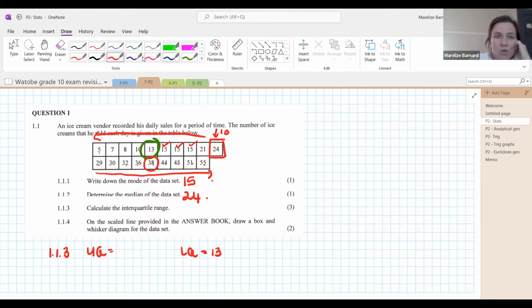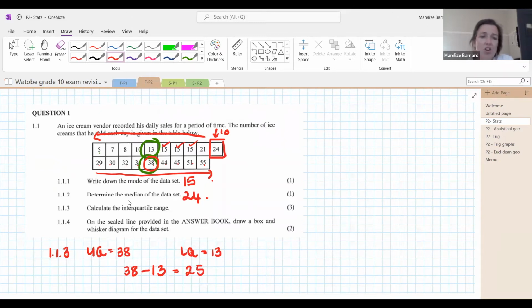So the interquartile range will be the difference between those two numbers. So 38 minus 13 is going to be 25. That's nice, easy marks. 3 marks: 1 for the upper quartile, 1 for the lower quartile, and 1 for your final answer.